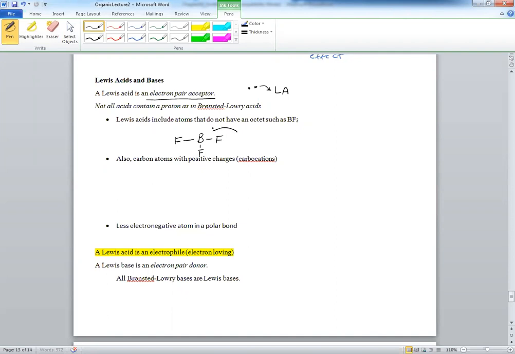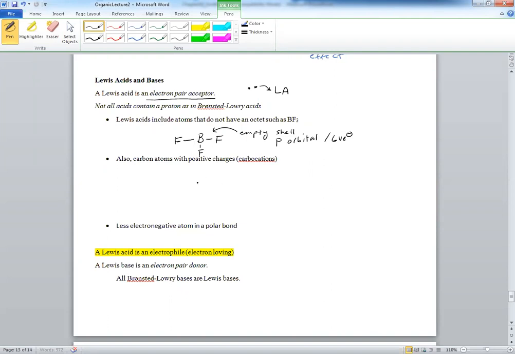Again, it has an empty shell. And of course, more specifically, it has an empty p orbital. So it only has 6 valence electrons. So it can accept an electron pair.